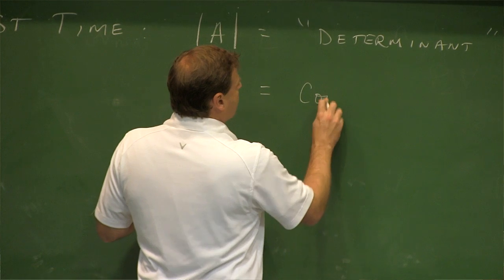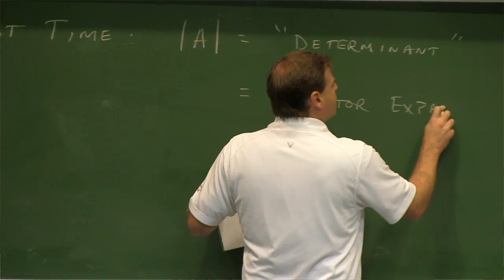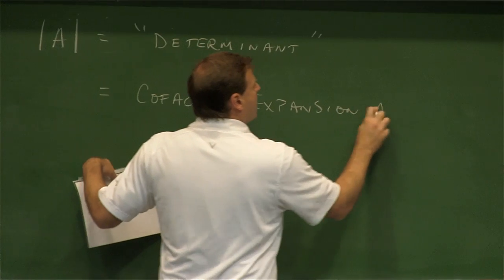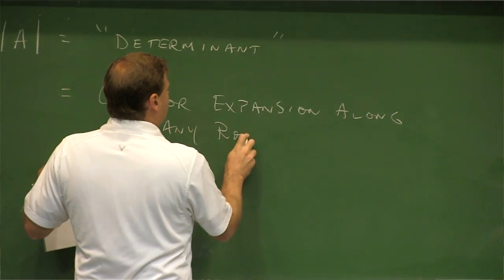The simple way to describe it is what's called cofactor expansion along any row or column. And I'll remind you what a cofactor is.